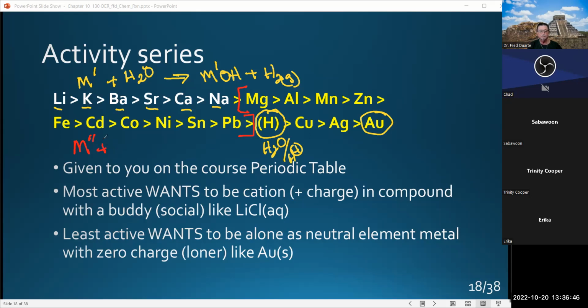Now, you put those in water, and there's no reaction. They require a little more vigorous conditions. Normally, what you do is you put an acid in there. And what happens is it will produce the corresponding ionic compound M double prime X, whatever the anion of the acid was, plus hydrogen gas. And in both cases, you do get gas being involved.